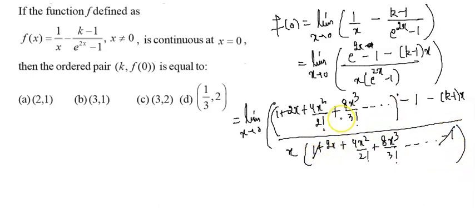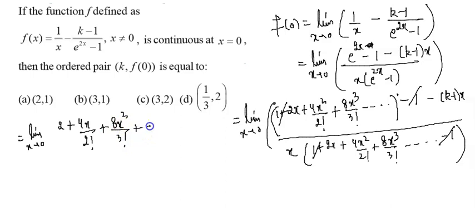Okay, and again this minus will cancel out with this, and if you take x common out of the numerator, again it will be cancelled. So we are left with limit x approaches 0 of 2 plus 4x by 2 factorial plus 8x square by 3 factorial plus so on.